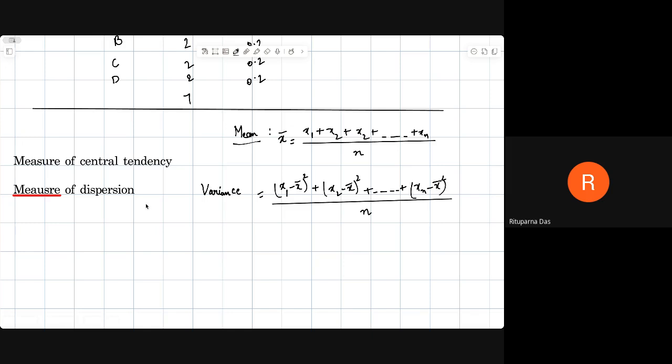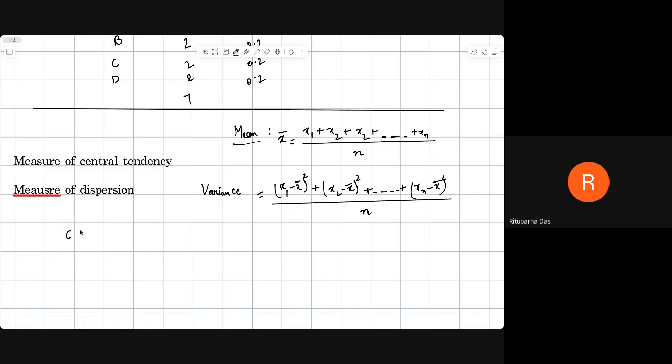Basically, when you add a value to the values, the mean changes.